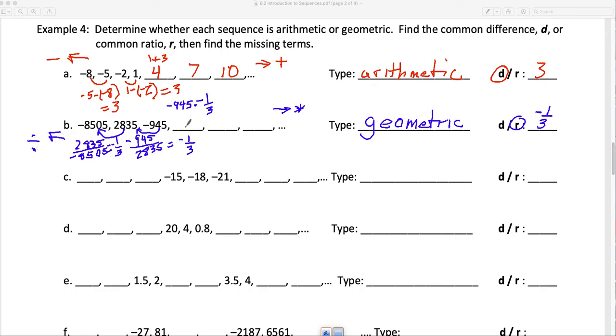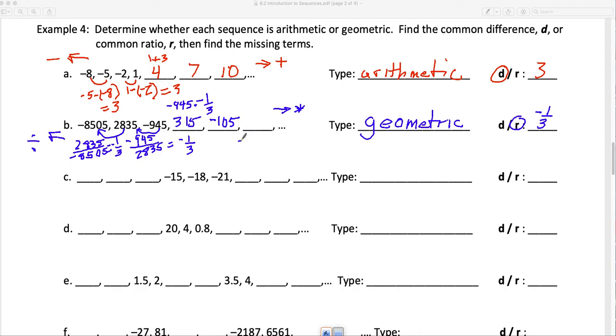So this is going to give me a positive, because a negative times a negative is a positive 315. If I keep doing that, this one would be 315 times negative 1/3, and that is going to give me a negative 105. And this last one is negative 105 times negative 1/3. It's going to give me a positive number.